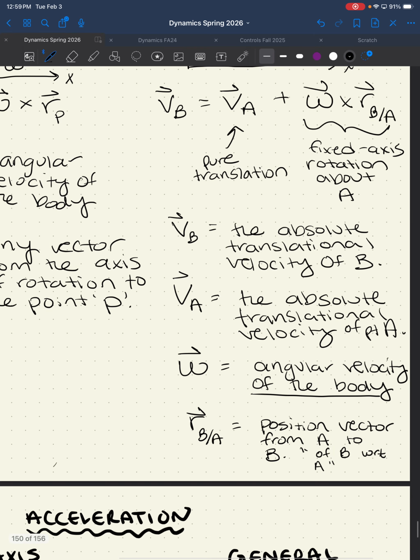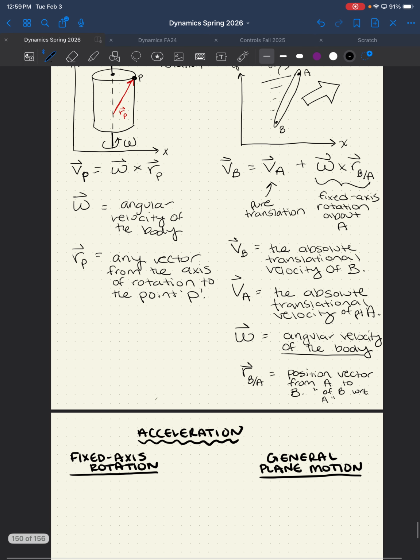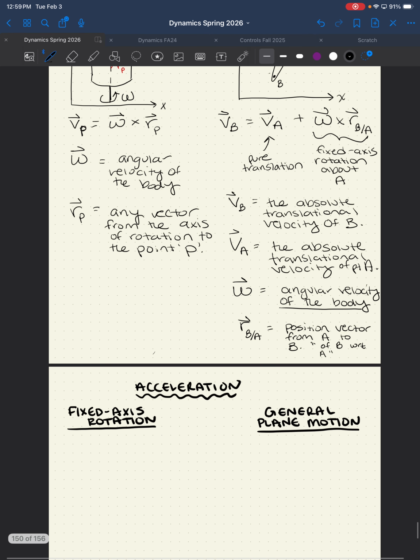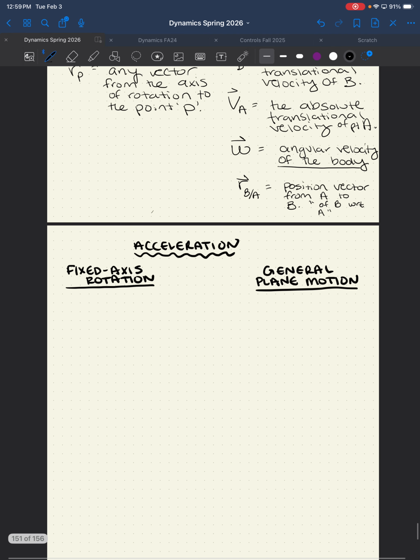Okay, let's do a very similar song and dance with acceleration. I'm going to remind you of what the fixed axis rotation for acceleration looks like, and then show you how that shows up in the general planar motion equation.